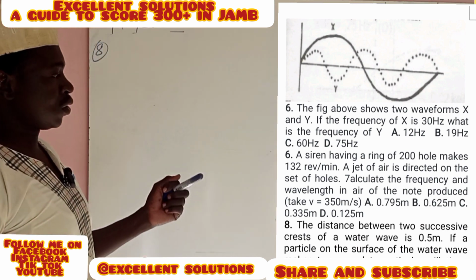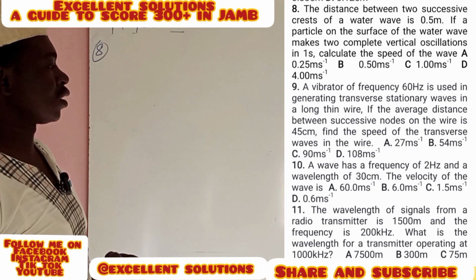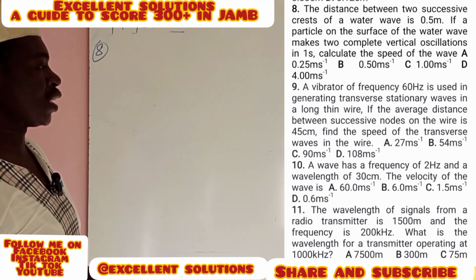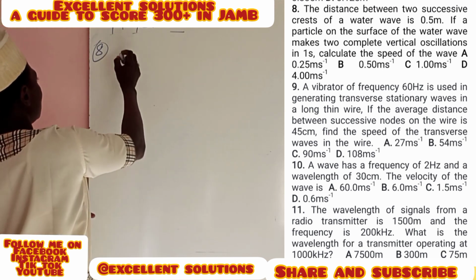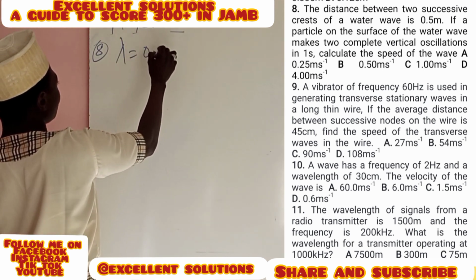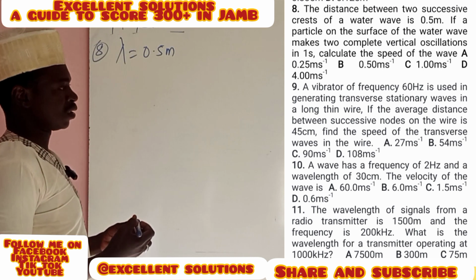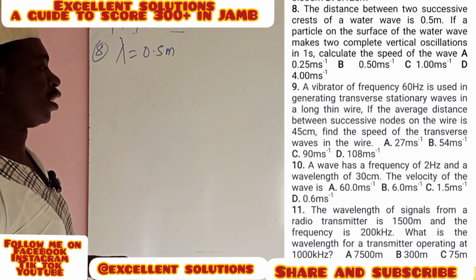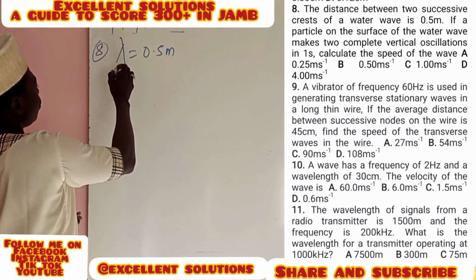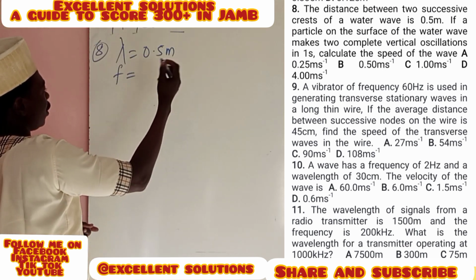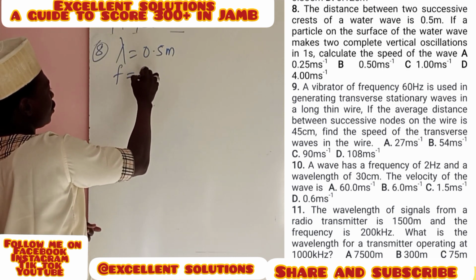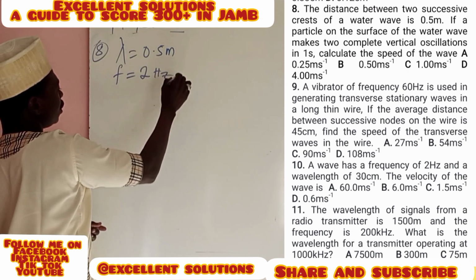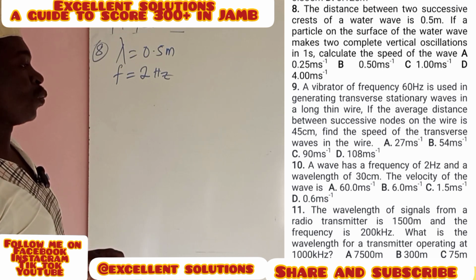The next question is question 8. It says the distance between two successive crests of a water wave is 0.5 meters, so lambda equals 0.5 meters. If a particle on the surface of the water wave makes two complete vertical oscillations in 1 second, that means the frequency is 2 Hz. Calculate the speed of the wave.